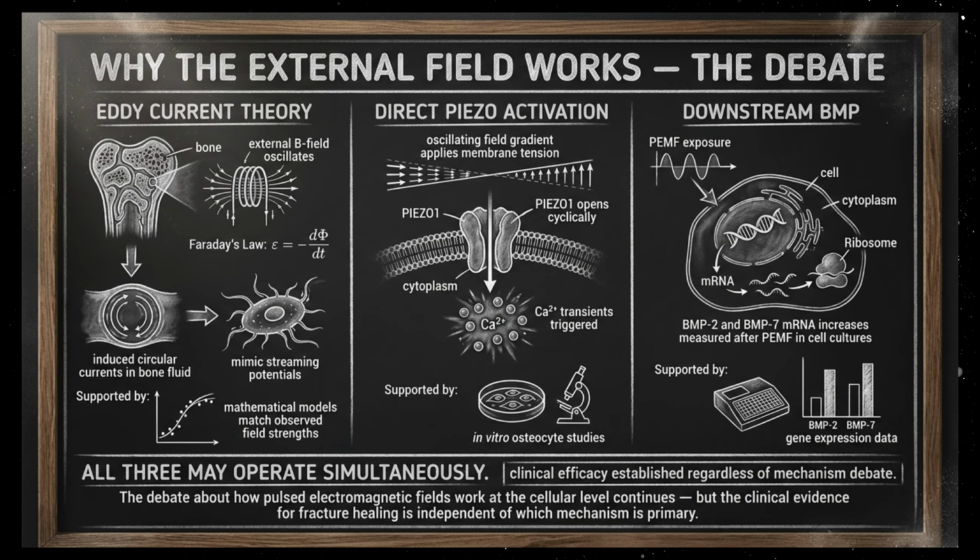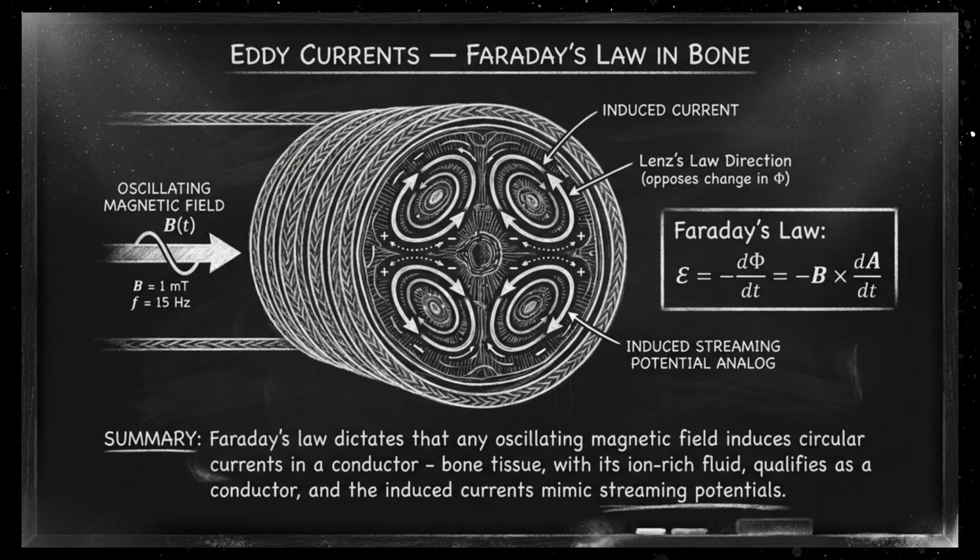Julius Wolff articulated the principle of bone functional adaptation in 1892, without knowing anything about piezoelectricity, collagen crystallography, streaming potentials, or piezo channels. Wolff, a Berlin surgeon, studied the internal architecture of cancellous bone, the spongy lattice of mineralized trabecular struts inside the heads of femurs, the bodies of vertebrae, and the ends of long bones.